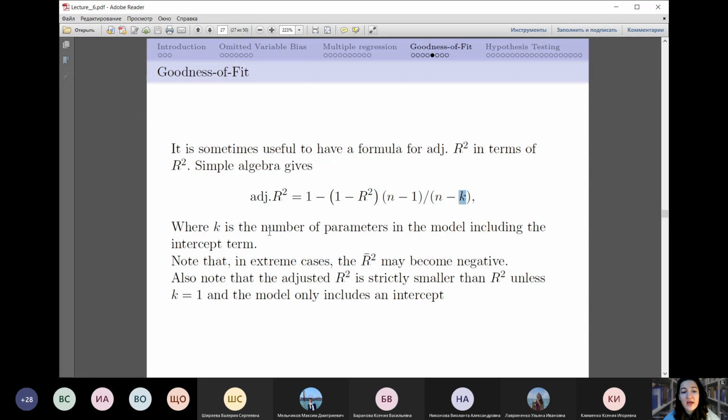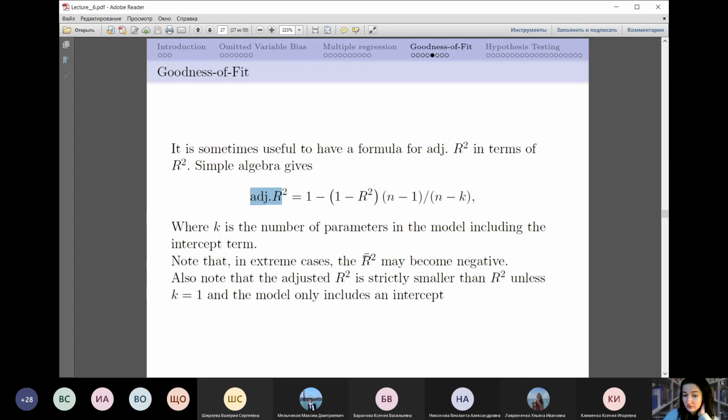Please remember that in this formula, k is the number of parameters including the intercept term, so all your explanatory variables plus the intercept.